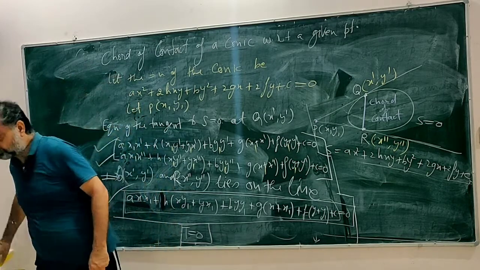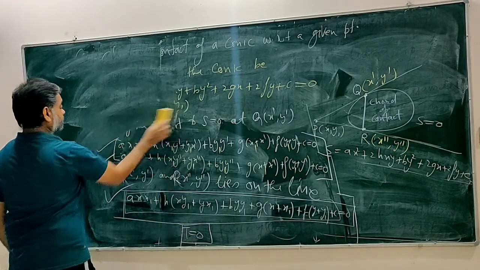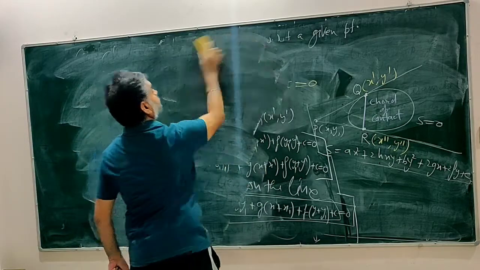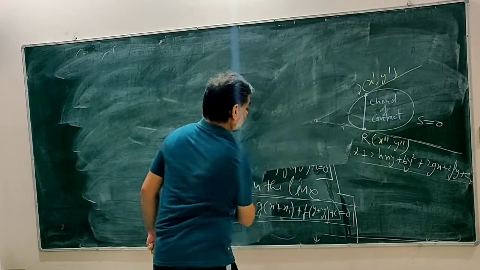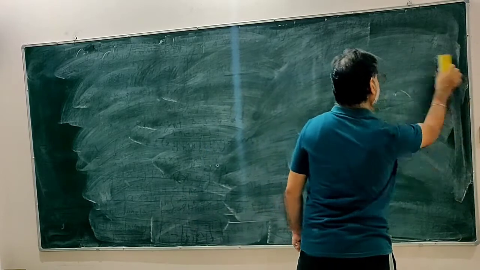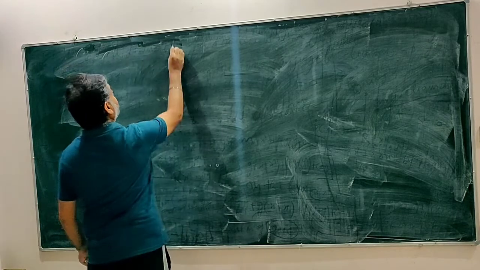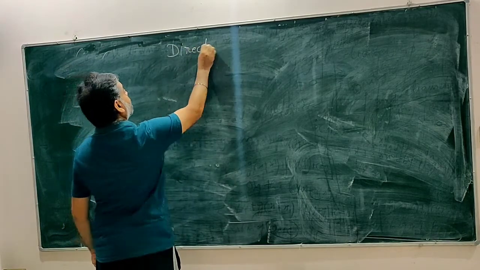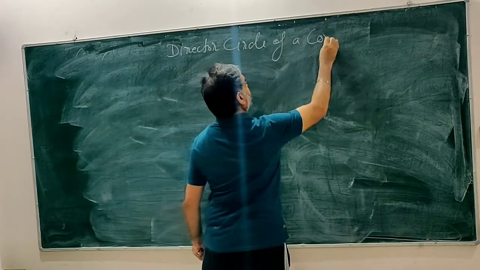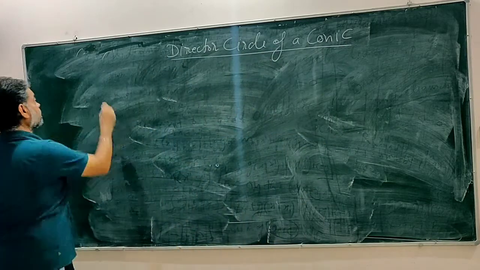After chord of contact, the next article is the director circle of a conic. What is the director circle of a conic?